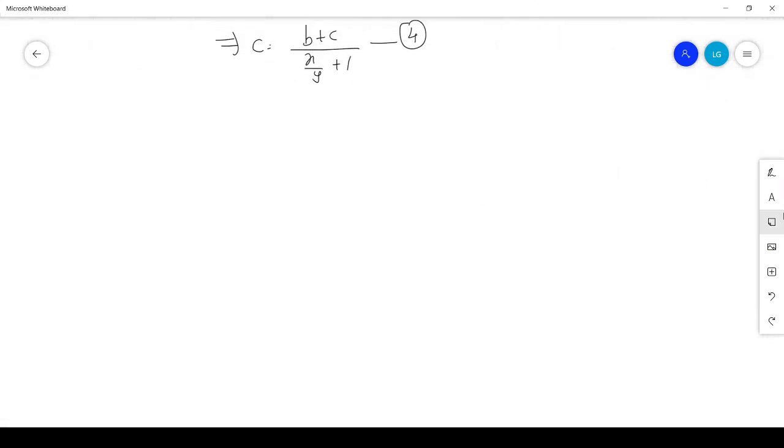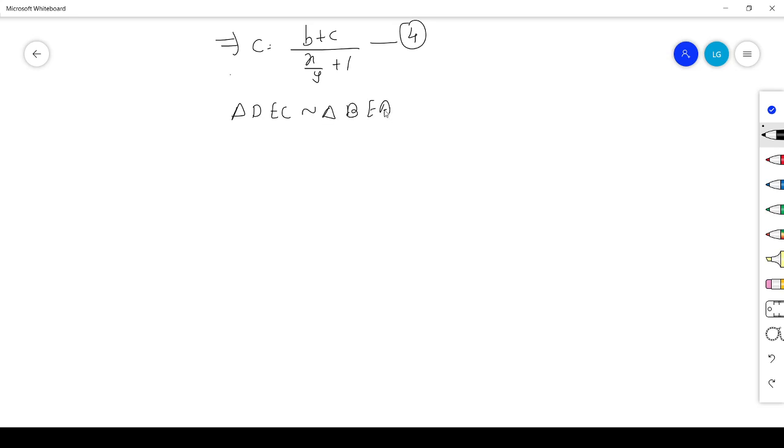Also, here, triangle DEC is similar to triangle BEA. So, DE upon BE equals EC upon EA. That is DE upon CE equals BE upon AE.